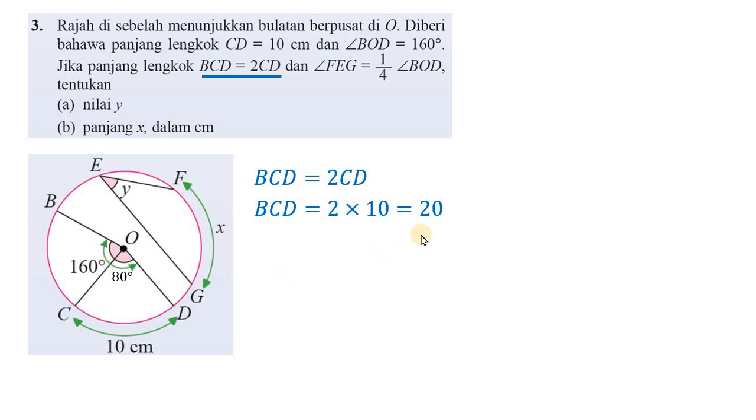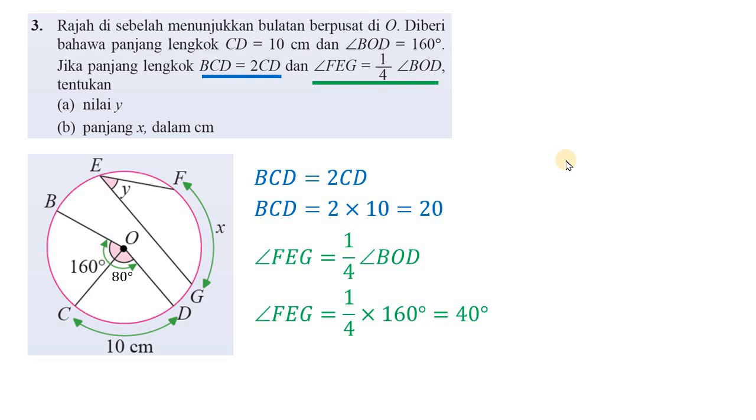Then we continue with the next information, which is about the angle FEG. Angle FEG is referred to as angle y here. The angle y is 1/4 of the angle BOD. Angle BOD is the angle 160 degree.